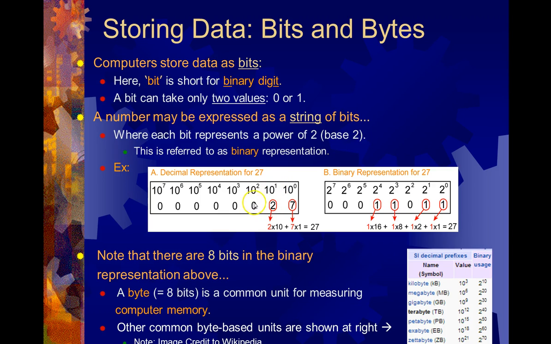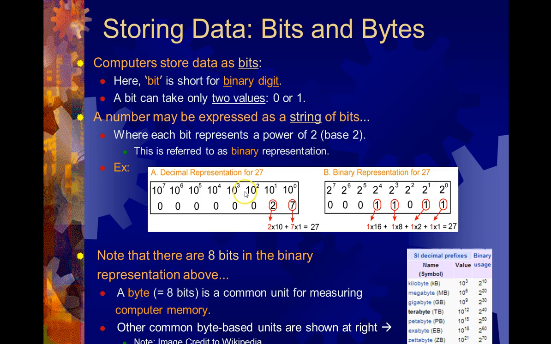And if I had a 3 here, what would that mean? 327. 3 hundreds, 2 10s, and 7 1s. So this 3 would be in the hundreds place, or 10 squared place. If I had a number out here like 1327, that would mean 1 1000, 10 to the third. So these are how many of these there are, right?